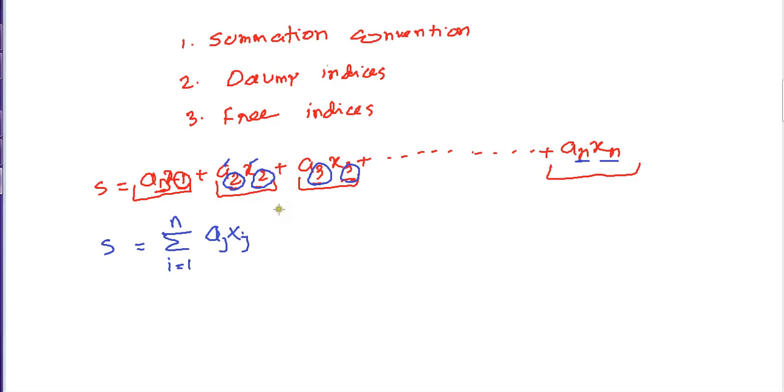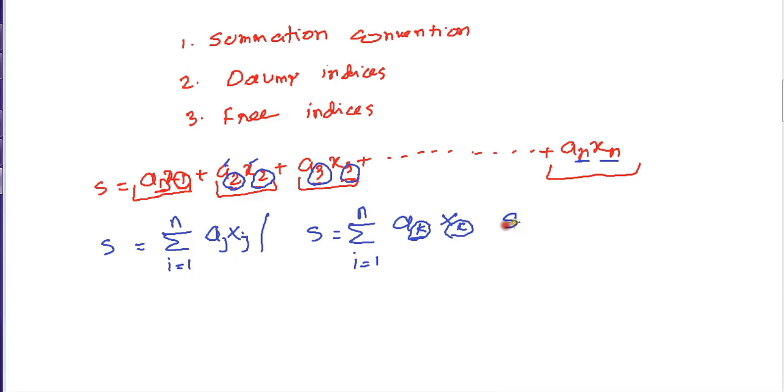It is obvious that we can replace this equation with the following equation: S equals the sum from i equals 1 to n of ak xk. It doesn't matter which symbol we use to express our indices.